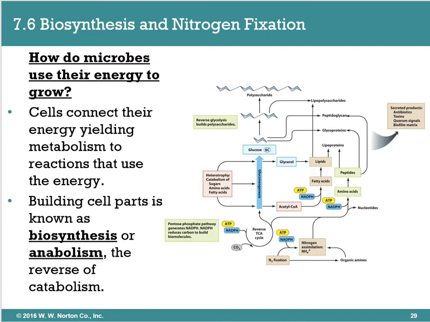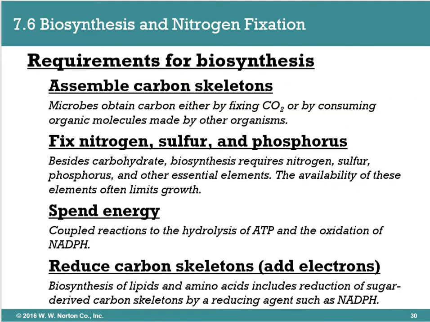I know this is a lot of information, but just one last thing for biosynthesis. There are four main requirements. There has to be an assembly of a carbon skeleton, meaning that the microbe has to have carbon present, whether they make it themselves or consume it from others.